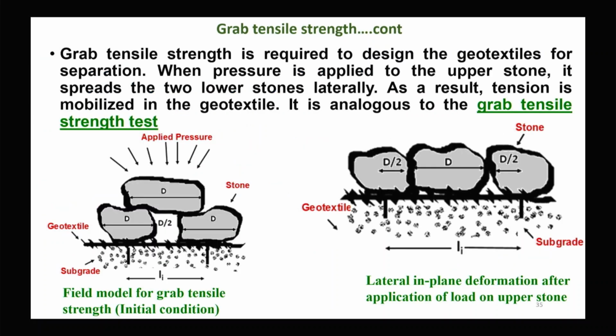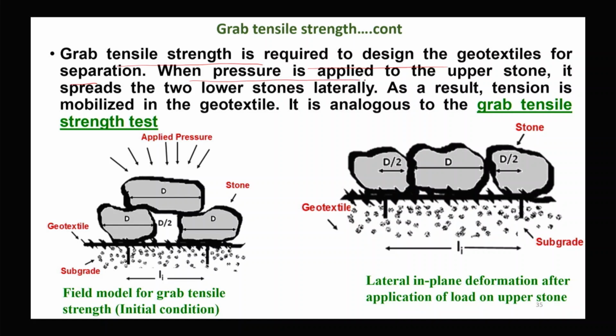Now try to see the calculation here. Let us assume the diameter of the stones is the same, d. The grab tensile strength is required to design the geotextile for separation purpose.